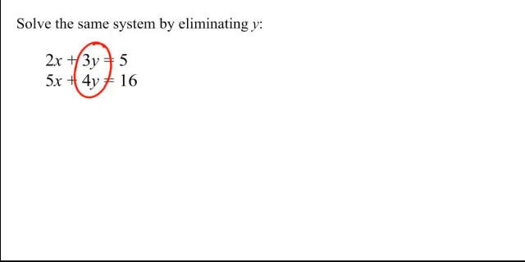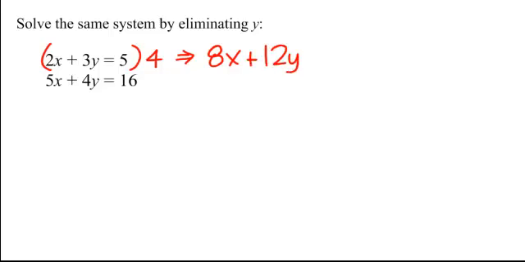And remember, one of them needs to be negative. It doesn't matter which one you make negative. So let's multiply the top one by positive 4. So that turns into 8x plus 12y equals 20. And now my bottom one, I'm going to have to multiply by negative 3 to make my y's cross off.